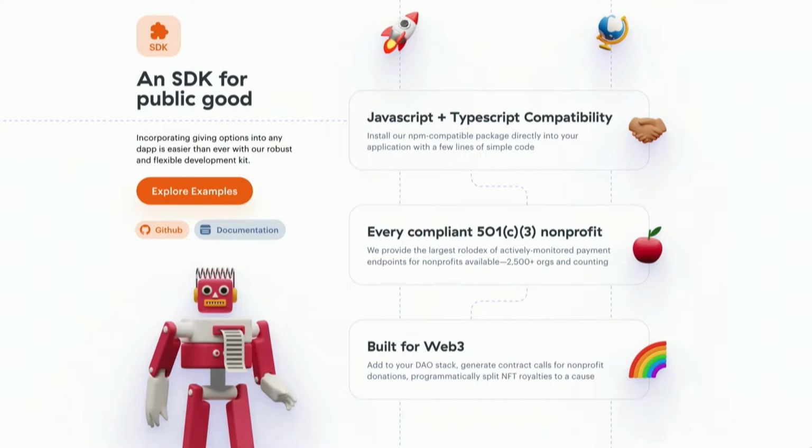So we like to think of this SDK as an SDK for public good. We hear a lot of people working on the public goods infrastructure space and are really impressed by all the work that they're doing. And we wanted to help facilitate that by bringing this SDK to market. And what's important for everybody here to know at this developers convention is that this SDK is industry class, easy to integrate, comes with JavaScript and TypeScript compatibility.